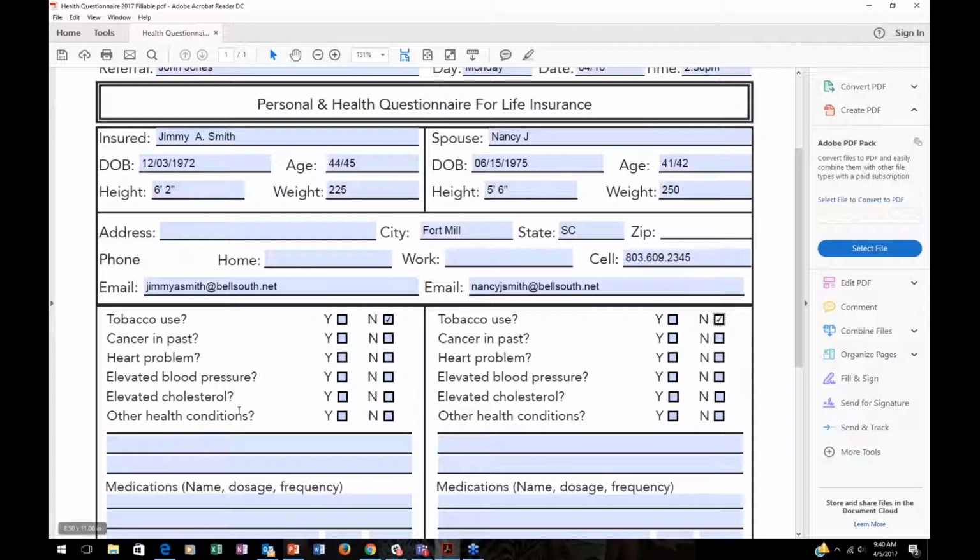Today, we're going to get in some additional questions, but very important questions, being cancer. Have they had it in the past? Yes, no. If they have, we're going to have to dig a little deeper. We'll talk about that next week when we get into the true underwriting position. Have they had a heart problem? No, they haven't.